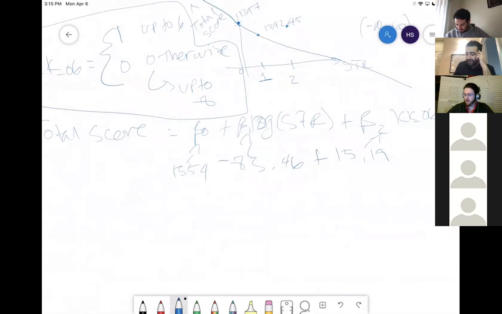Okay, so if I wanted to figure out now the predicted score for a school that serves up to grade 8 and has a log student teacher ratio of 10, what is the predicted score?